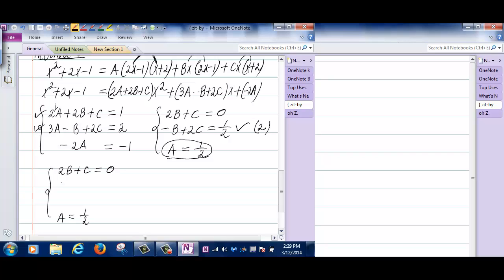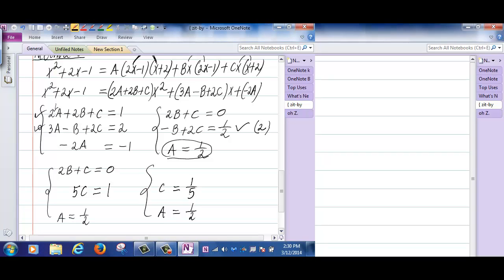What do you get? Do I get 5C? Okay, and I also get what? 1 on the right. Because half multiplied by 2 is a 1, and 1 plus 0 is 1. So then, what do I get? I get A to be a half. Now I have C to be a fifth.